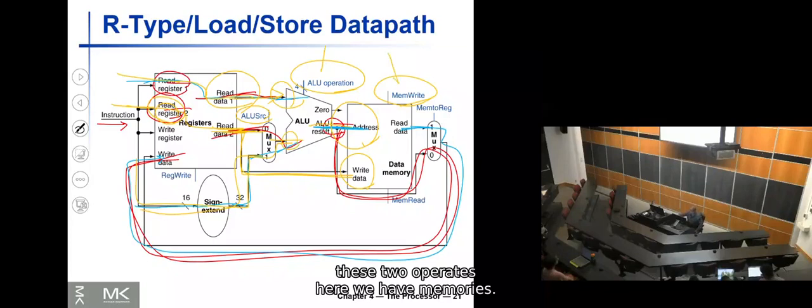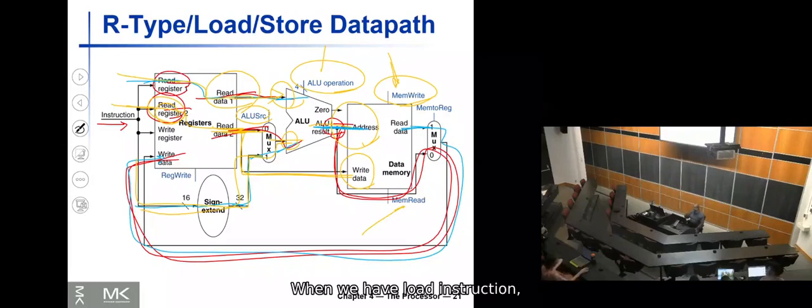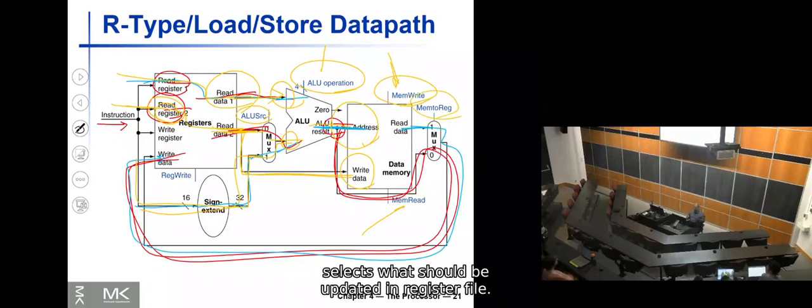Here we have memwrite. When we have a store, this will be activated and stores. Here we have memread. When we have a load instruction, this will be activated. Here we have mem2reg. Mem2reg selects what should be updated in the register file.